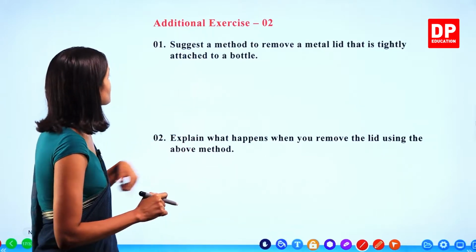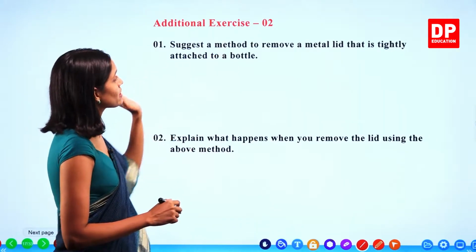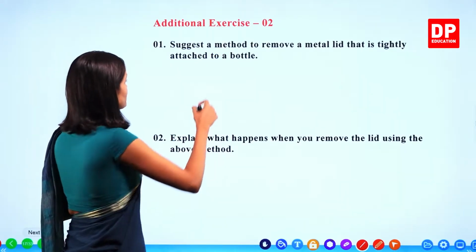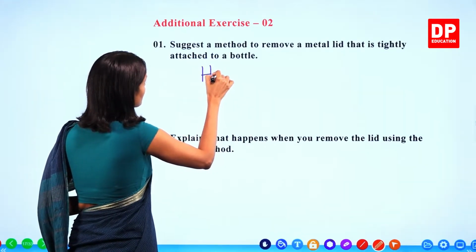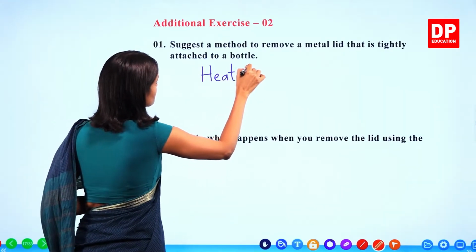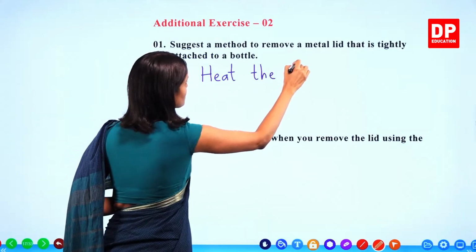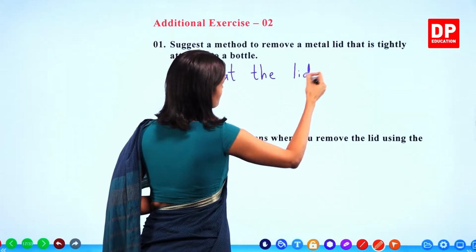Okay, let's write. Suggest a method to remove a metal lid that is tightly attached to a bottle. Heat the lid. We'll write the method.